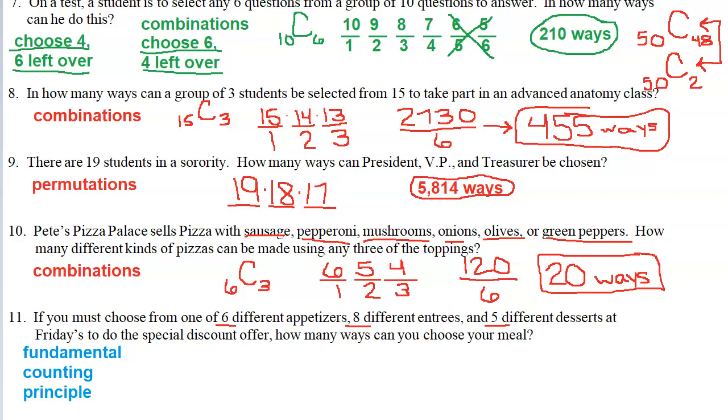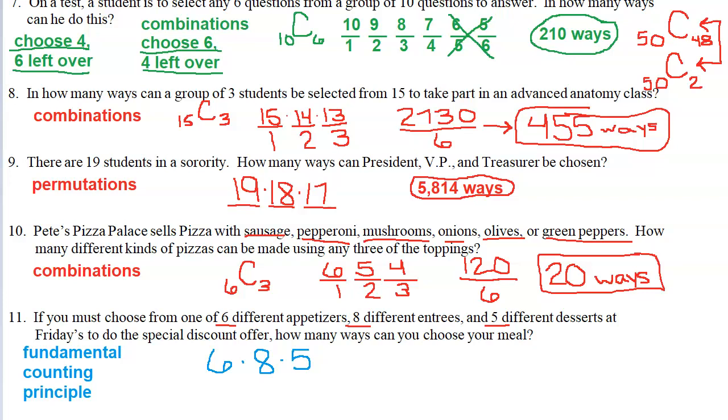If you have 6 different appetizers, 8 different entrees, and 5 different desserts, and you want to do the discount offer where you choose one of each, how many ways can you choose your meal? Whenever you're doing the fundamental counting principle, all you have to do is take your options for each category and multiply them. The number doesn't go down every time because your choice of appetizer doesn't affect your choice of entree.